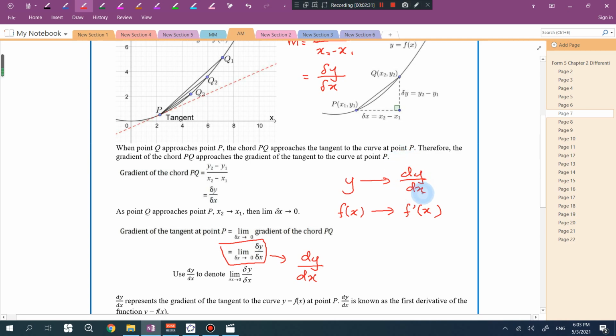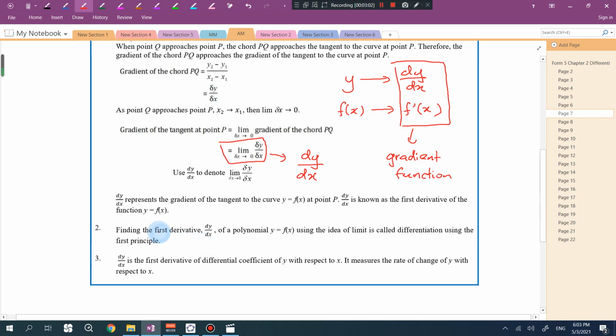This is dy by dx, this is f prime of x. First derivative. We also can call the first derivative the gradient function, because the first derivative is a function for us to calculate the gradient of the tangents of a curve at a certain point.